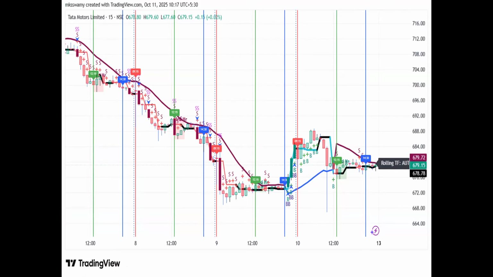You can see in this, this is the Tata Motors stock chart. Here on the 9th, see, time stop 12 p.m. After the fall, it halted. You can see GAN Hilo didn't change at all.